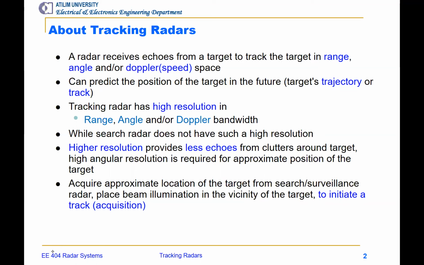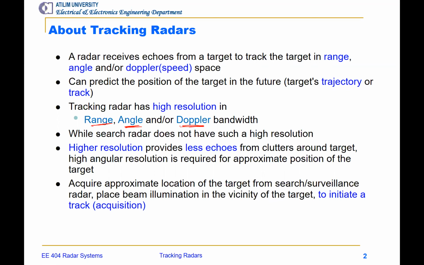In tracking radars, there are some additional requirements. We need to see high resolution in range, angle, and Doppler space. In search or surveillance type radars, we may not need such a high resolution in either range, angle, or Doppler.